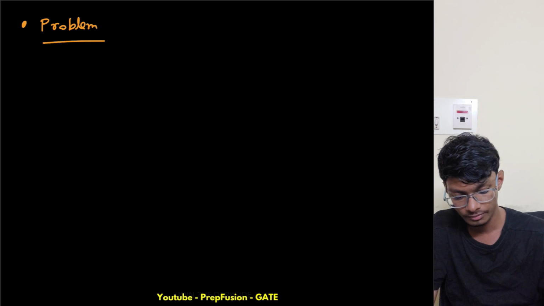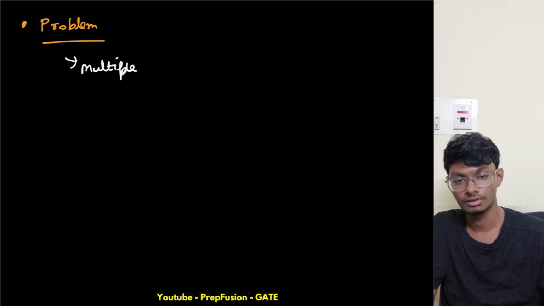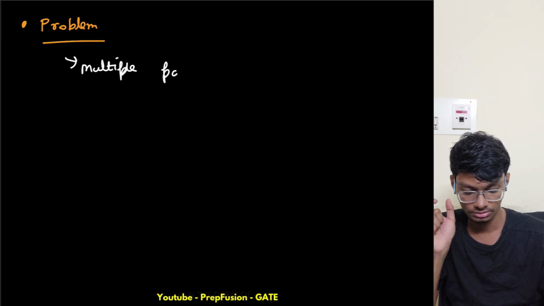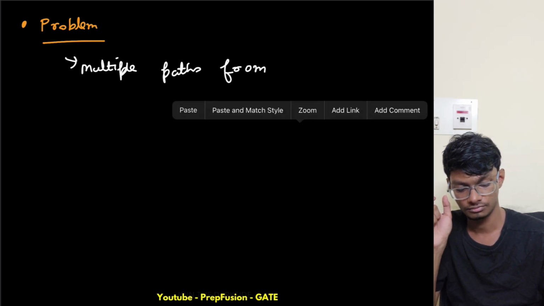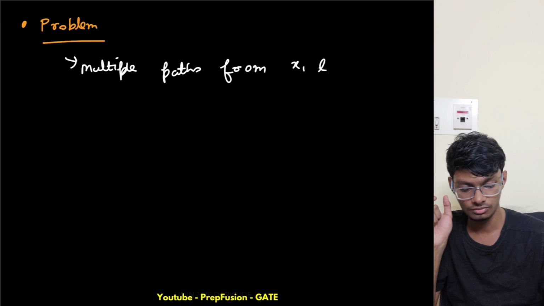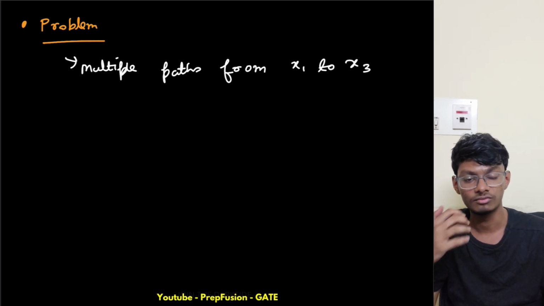If we had multiple paths from x1 to x3. If you had multiple paths, what do I mean by that?